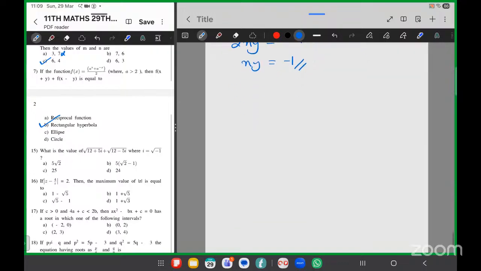Then question number 15. What is the value of square root of 12 plus 5 iota plus square root of 12 minus 5 iota?